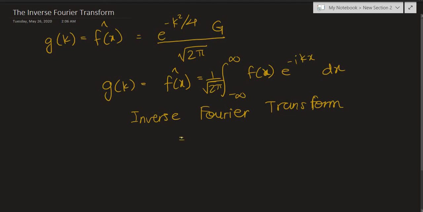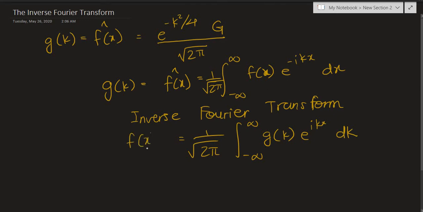So inverse Fourier transform of g of k will be 1 over square root of 2 pi, they have identical formulas, times integral from negative infinity to positive infinity, this time g of k, but multiplied with e raised to ikx instead of a negative ikx dk this time. This will be a function of x, f of x.